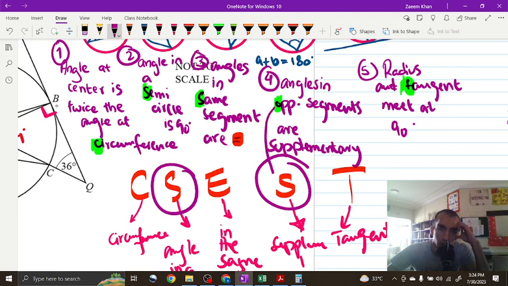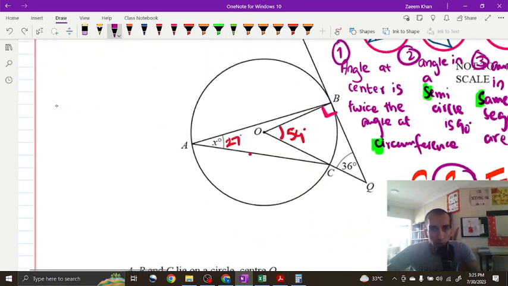We can do O, either over here. CSEOT. That's not that catchy. I think this is good enough. Let's not change this. One S stands for semicircle, the other S stands for supplementary. You will have to remember it as it is.